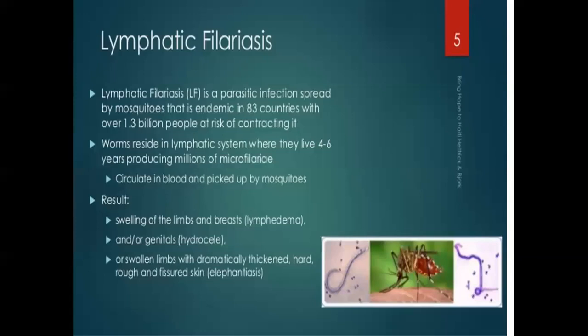Worms reside in the lymphatic system where they live 4 to 6 years, producing millions of microfilariae. They circulate in the blood and are picked up by mosquitoes. What happens as a result? There is swelling of limbs and breast, lymphedema. It can involve the genitals, leading to hydrocele. It can be swollen limbs with dramatically thickened, hard, rough, and fissured skin.